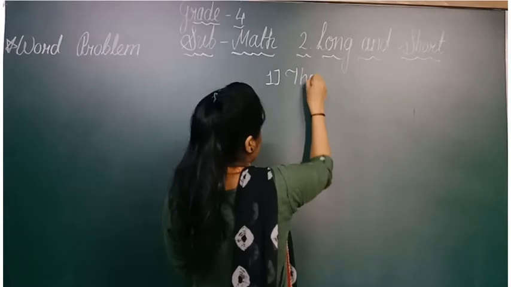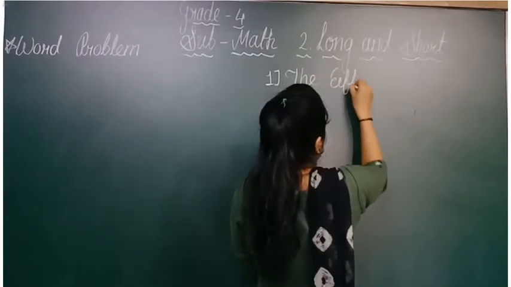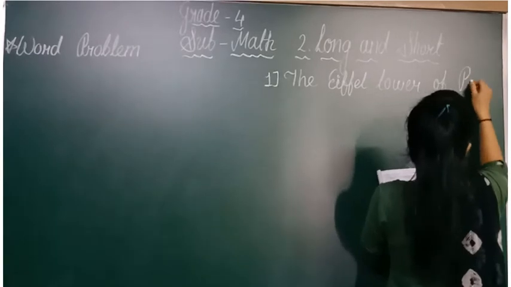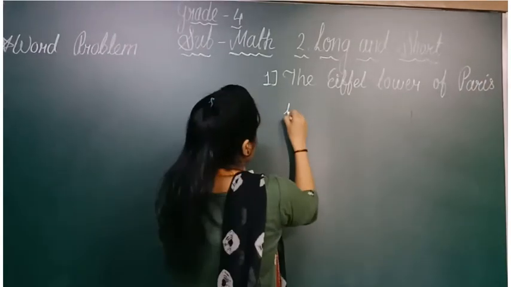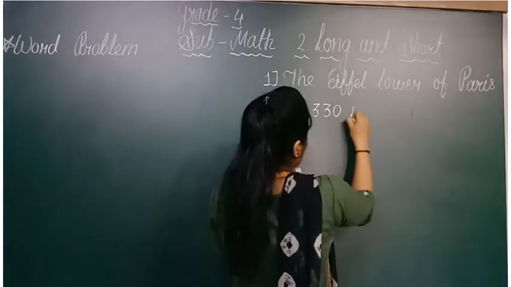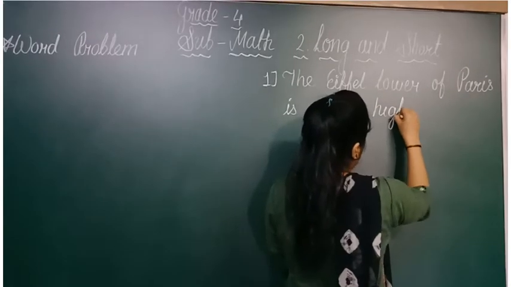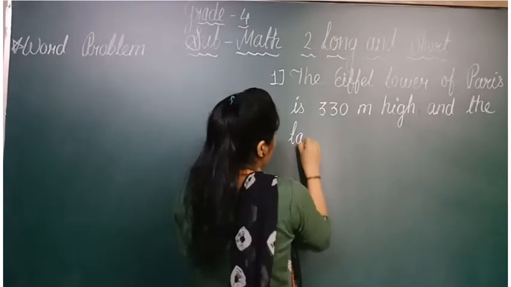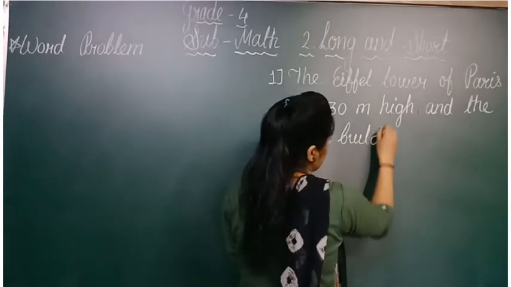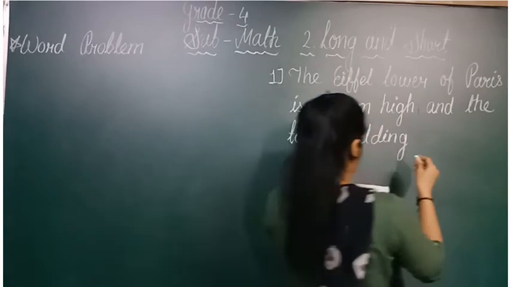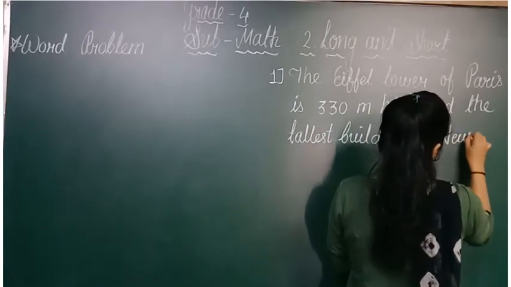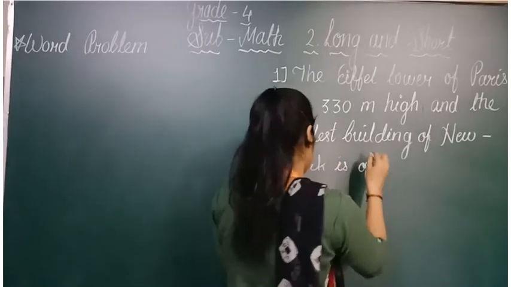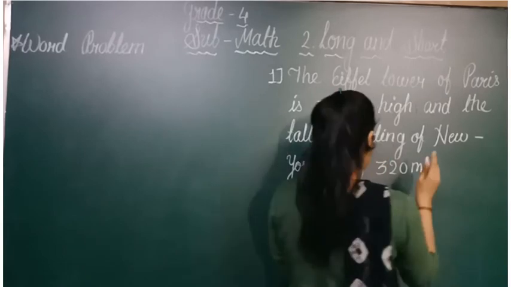And our first question is, the Eiffel Tower of Paris is 330 meter high, and the tallest building of New York is of 320 meter.